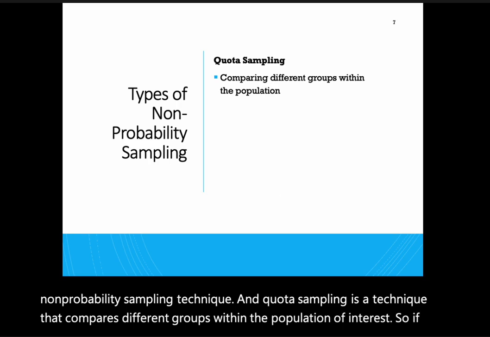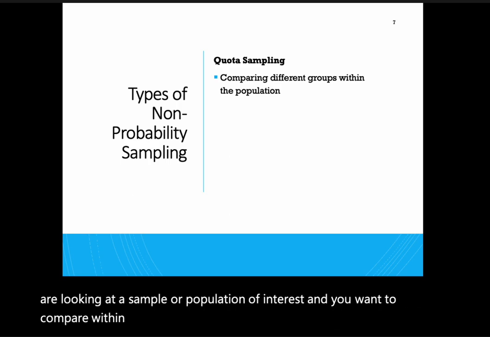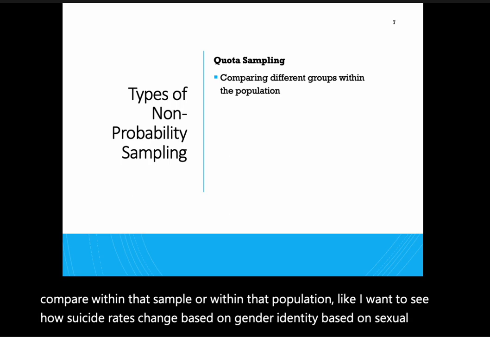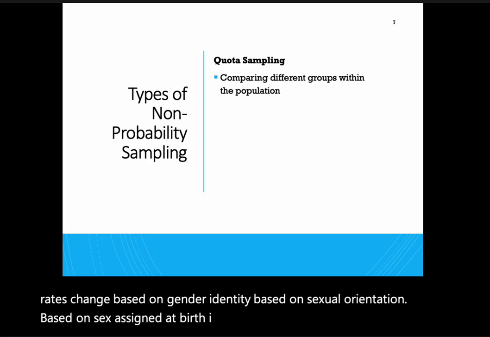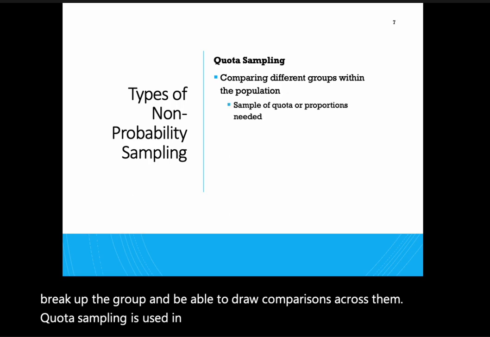So if you want to compare within that sample or population, like I want to see how suicide rates change based on gender identity, sexual orientation, or sex assigned at birth, I might use a quota sampling method to break up the group and draw comparisons across them. Quota sampling is used in both quantitative and qualitative designs.